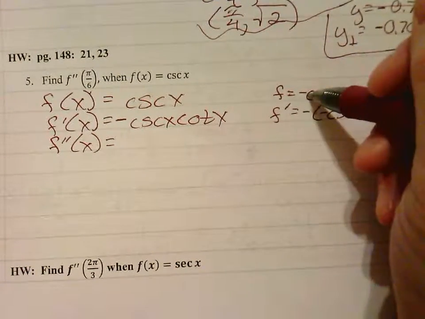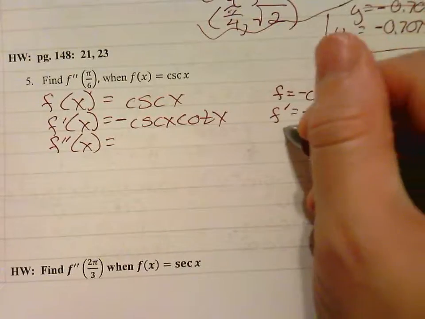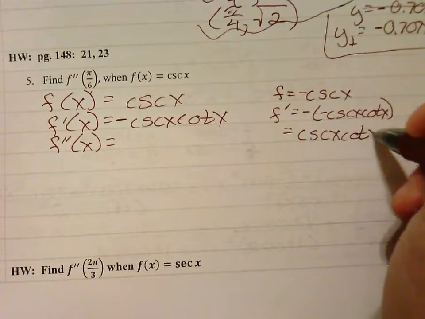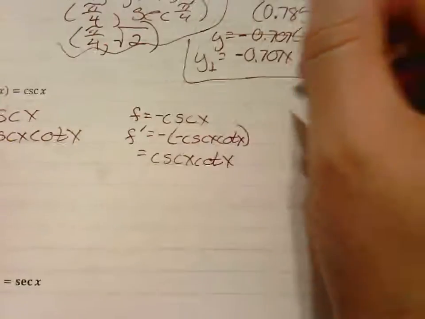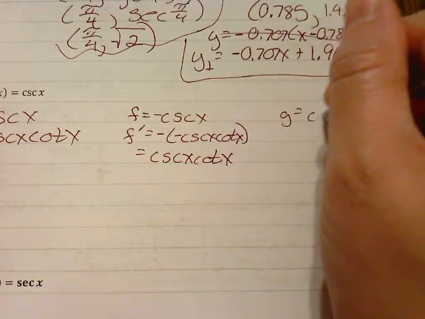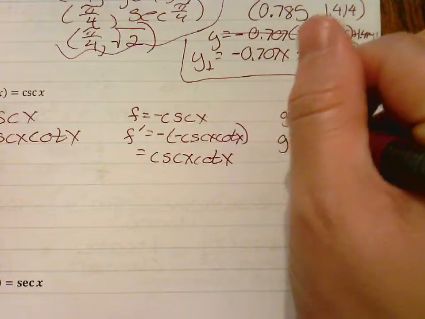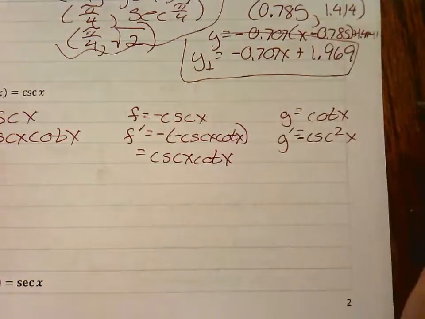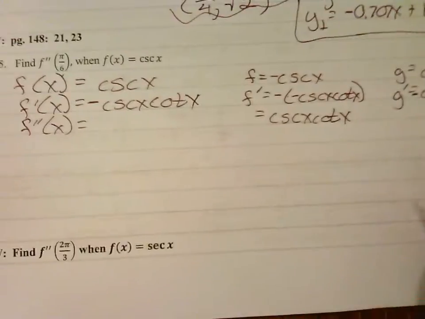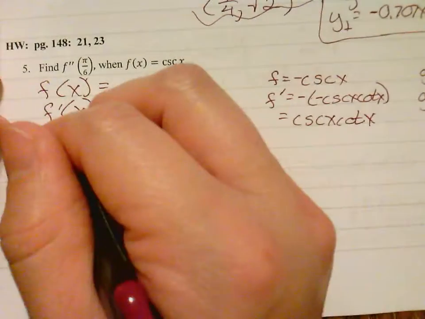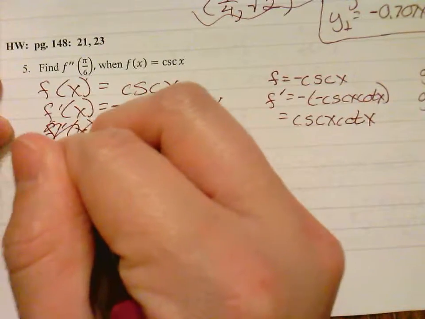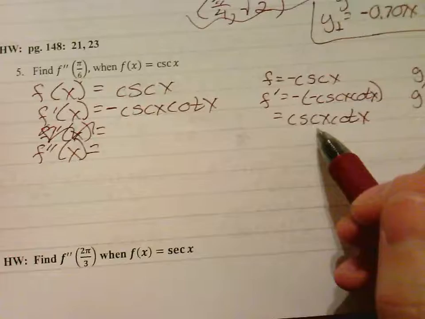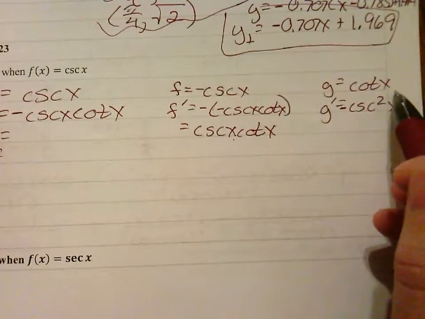Remember, negatives still act like a constant. So your f prime is going to be cosecant x cotangent x. Over here you have g, which is going to be cotangent of x. G prime is negative cosecant squared x. Okay, so let's go ahead and put that in our second derivative. I'm going to make more room. So f double prime, product rule is f prime of g, so cosecant x cotangent x times cotangent x.